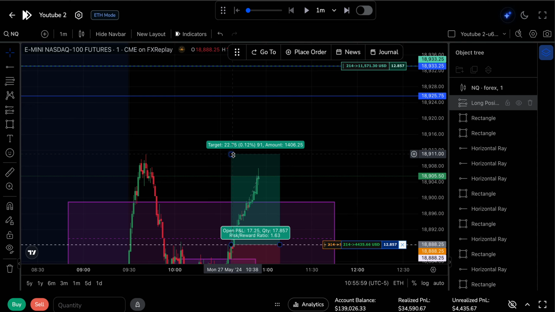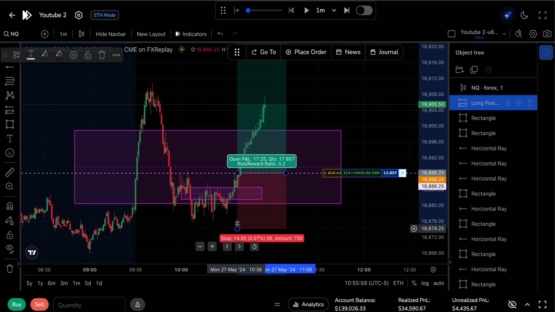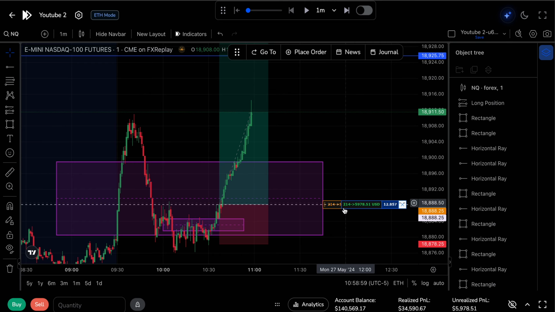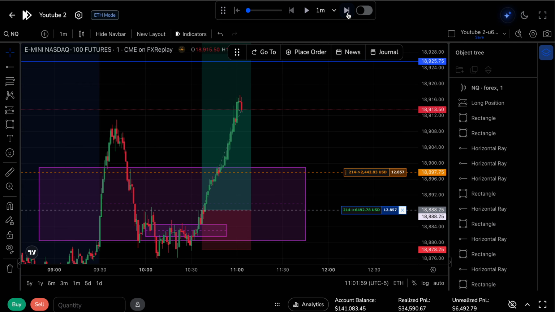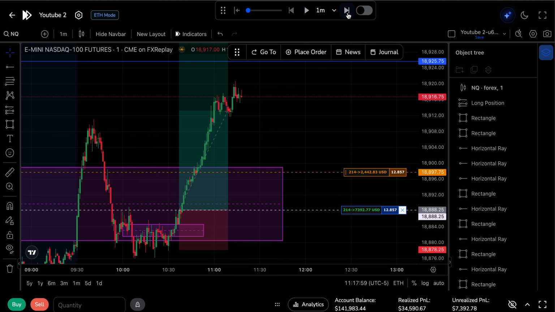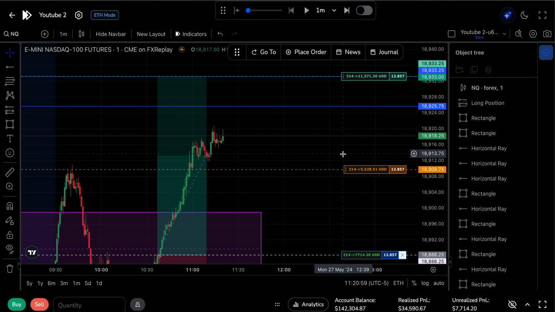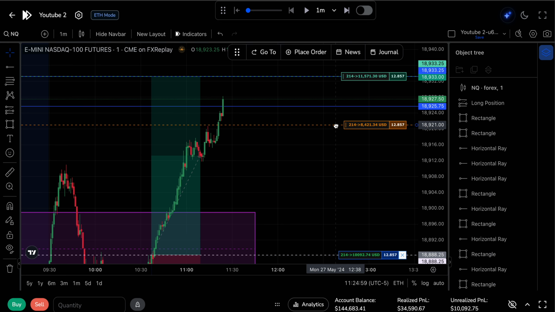So this is going to be a crazy trade if this hits. We'll trail stop here a little bit. Trail tighter again. Once we hit this blue line up here, I'm going to trail super, super tight.